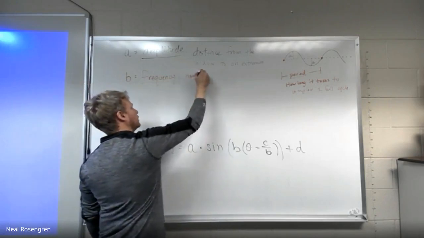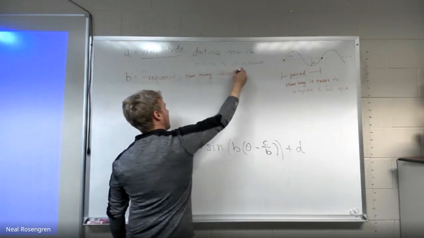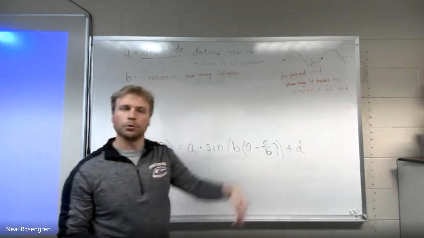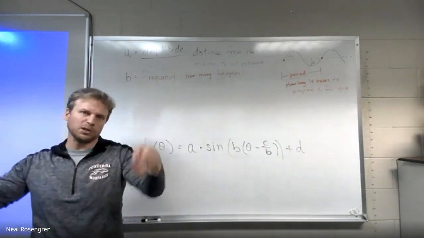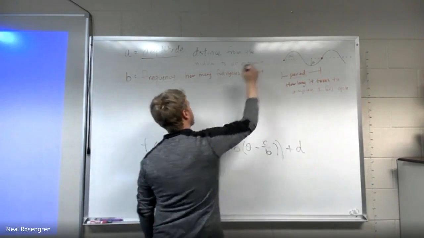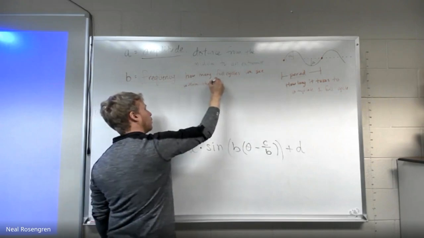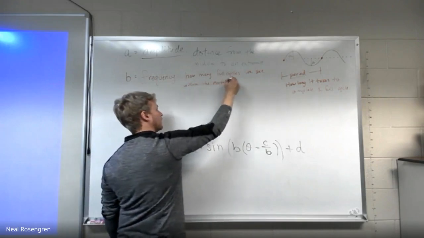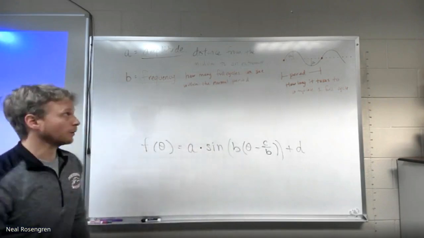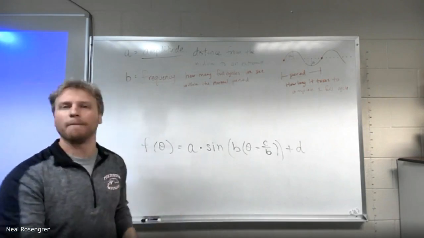How many full cycles, and when I talk about a cycle, I just mean one trip around through that one full cycle of that wave. How many full cycles we see within the normal period of whatever trig function we're dealing with.